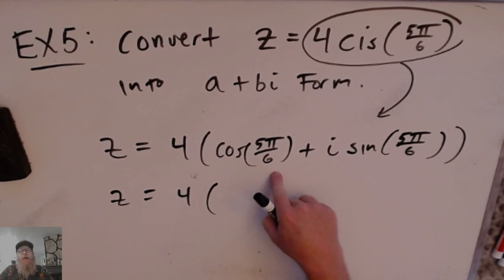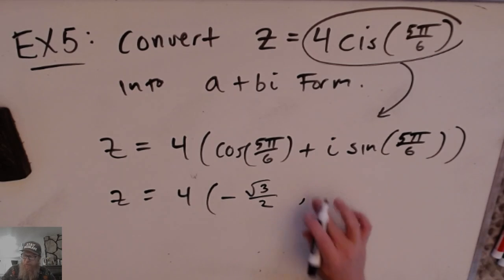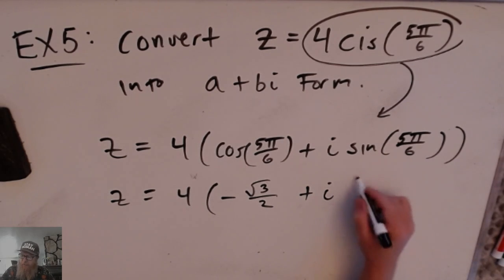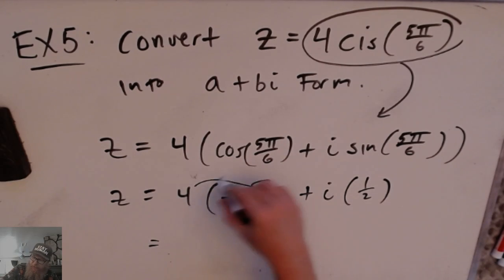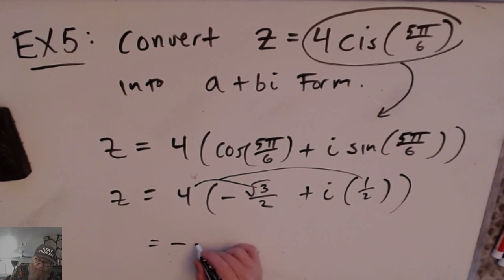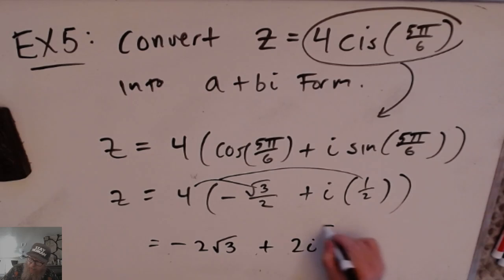You probably know these by heart. Cosine 5 pi over 6 is negative root 3 over 2, and sine 5 pi over 6 is 1/2. I usually like to distribute the 4 so that you get a nice clean answer. You're going to get negative 2 root 3 plus 2i.